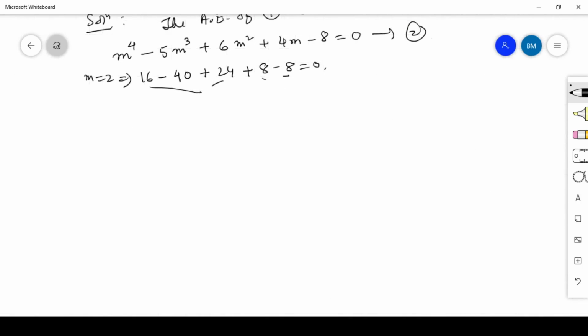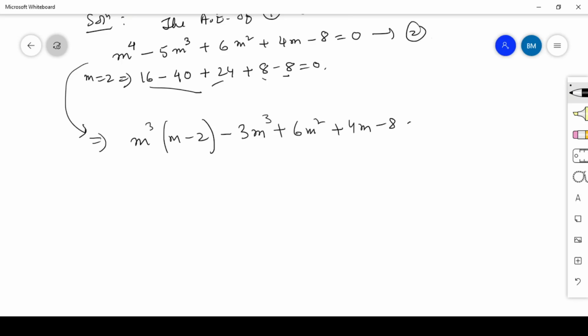So let us factorize the left hand side of this equation 2. Either you can divide m to the power 4 minus 5m cube plus 6m square plus 4m minus 8 by m minus 2, or you can proceed in this way also. This implies m cube (m minus 2). So m power 4 is written, minus 2m cube is written, but there was 5m cube, so I should put 3m cube plus 6m square plus 4m minus 8 equal to 0.